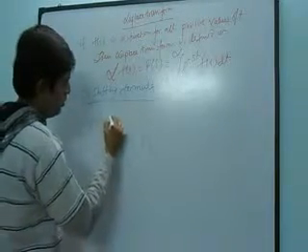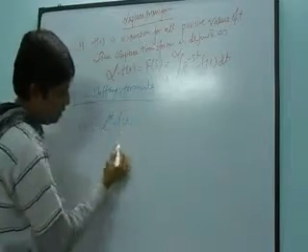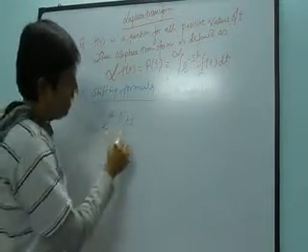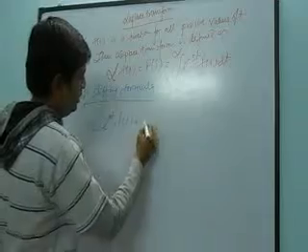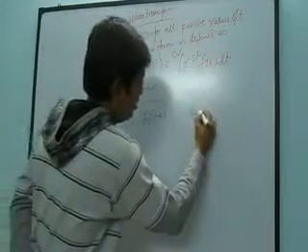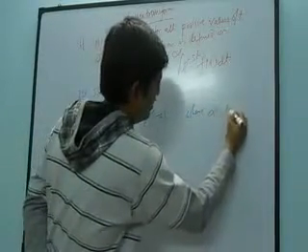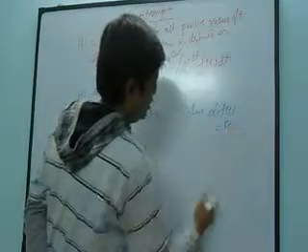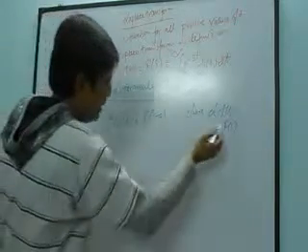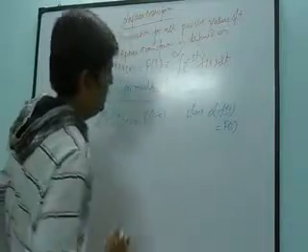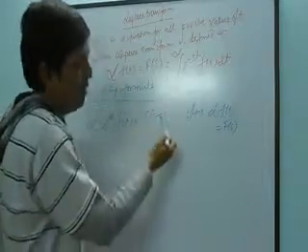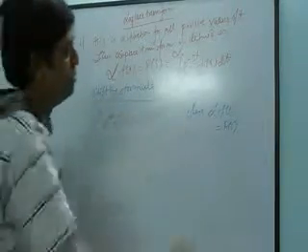Laplace transform of e to the power at f(t), that means any function f(t) multiplied by e to the power at, the Laplace transform of e to the power at f(t) will be F(s minus a), where the Laplace transform of simple f(t) is equal to F(s). So if f(t) is multiplied by e to the power at, then s will be shifted by a. That means the Laplace transform of e to the power at f(t) is equal to F(s minus a). So this is called the first shifting formula.